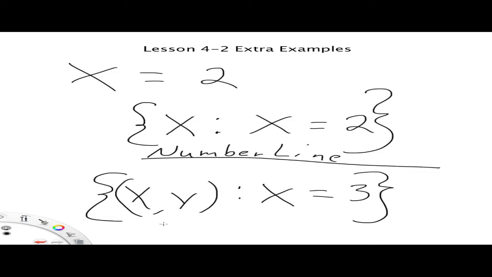Now this one, because it's a set of all x, y such that x equals 3, is saying that x is always going to be 3, and then y is anything it can be. It's anything else. So this is a set builder notation, and this would be a graph, a two-dimensional graph. So we've got two different conditions. You've got to get it sometimes out of the context for the problem and see if that will help you to resolve it.